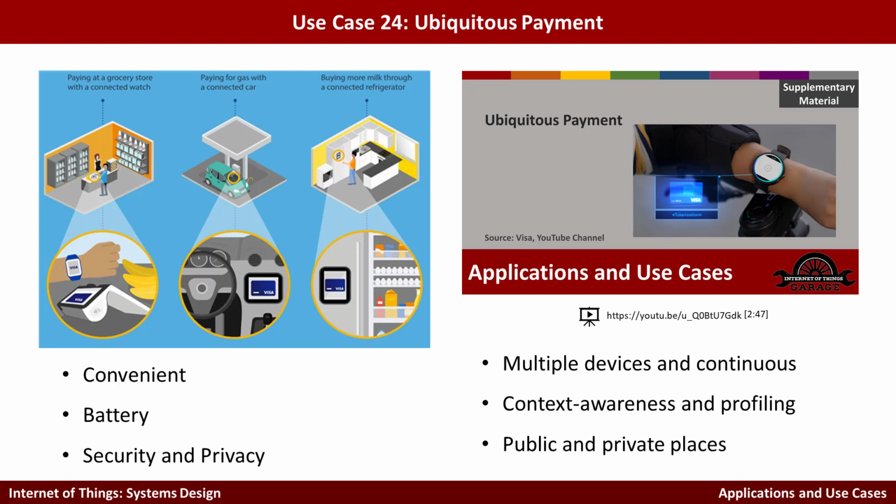Instead of using bank cards, IoT solutions have been developed where you can touch your armband or wristwatch instead of the bank card, which is more convenient, but also helps people use multiple devices to make payments rather than depending on one single bank card.